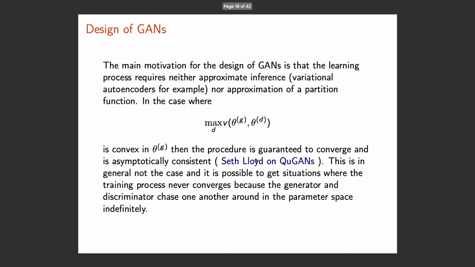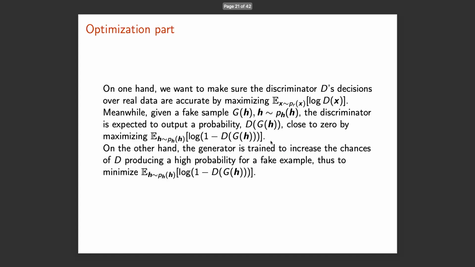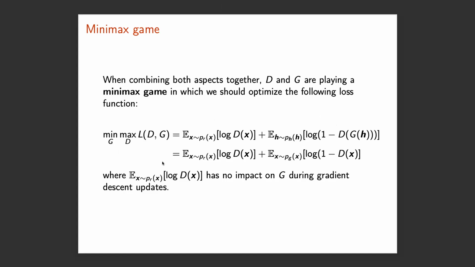And when you're given a fake sample, the discriminator is expected to output a probability D close to 0 by maximizing this quantity here. The generator is trained to increase the chances of D producing a high probability for a fake sample, and thus to minimize this quantity.